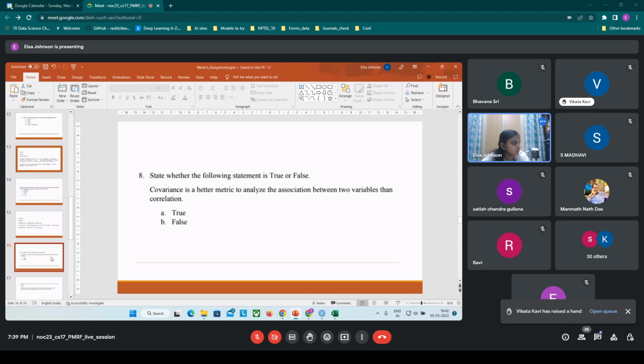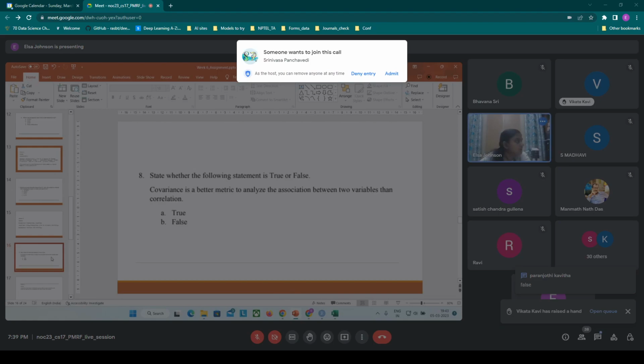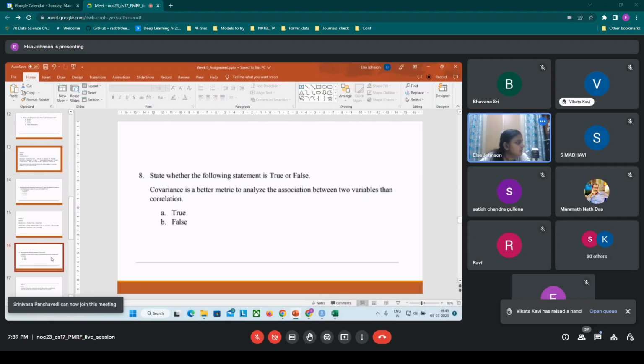The answer is correlation. Correlation is a better metric. Covariance is the basic metric that we first analyze, but correlation will show you the better analysis.